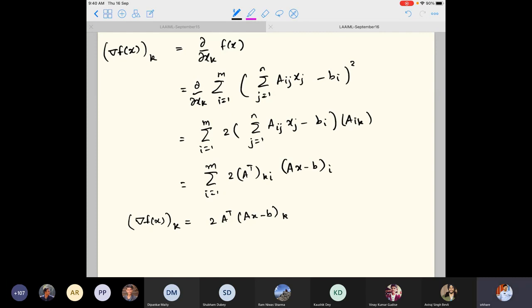If the kth element is this, then the gradient of f(x), the vector, is 2 A transpose (Ax minus b). Correct?